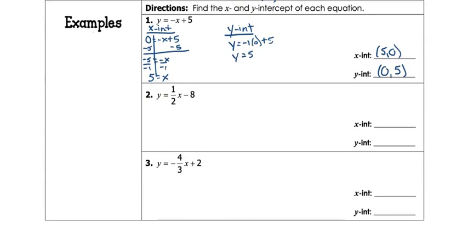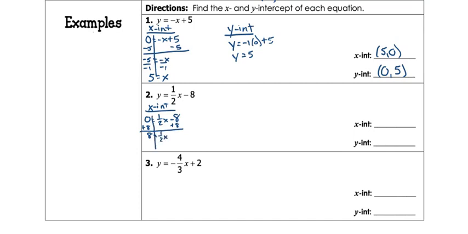Okay, number 2, just like the others, the only difference is we have a fraction, and that's okay. We can multiply fractions. We're still going to find our x-intercept. So the x-intercept: 0 equals 1/2 x minus 8. We're going to go ahead and add 8 to both sides. So I now have 8 equals 1/2 x.